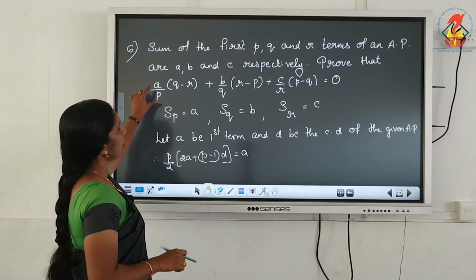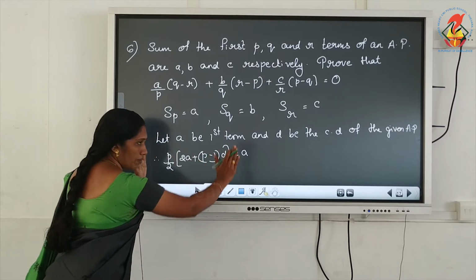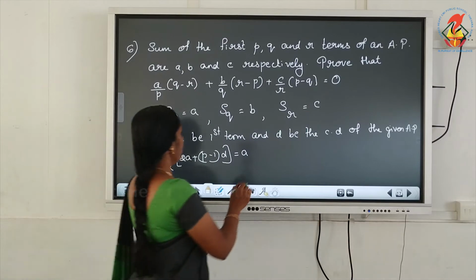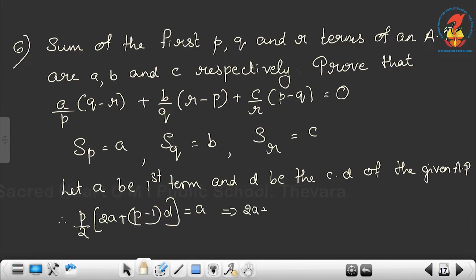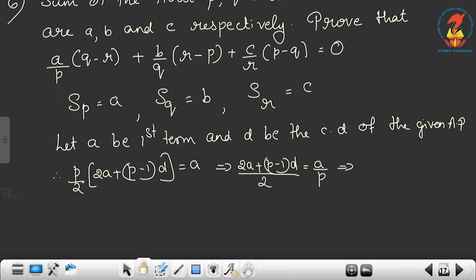We have to prove this expression, and here we have a by P. So from this, what is a by P? a by P is this bracket by 2, which implies (2A plus (P minus 1) into D) by 2 is a by P. Or one more step, I am writing a by P on the left hand side: 2A by 2 is A, plus (P minus 1) into D by 2.